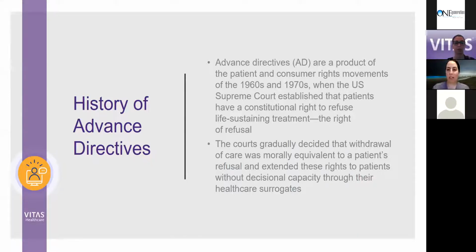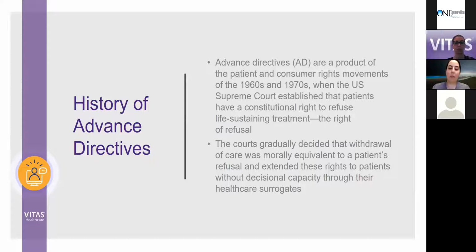By the time the 1960s came around, there were a lot more patient and consumer rights movements and hospice care advocates, because the first modern hospice didn't come about until the 1960s. That helped to support the movement in having patients have this autonomy and really determine what their wishes would be ahead of time.